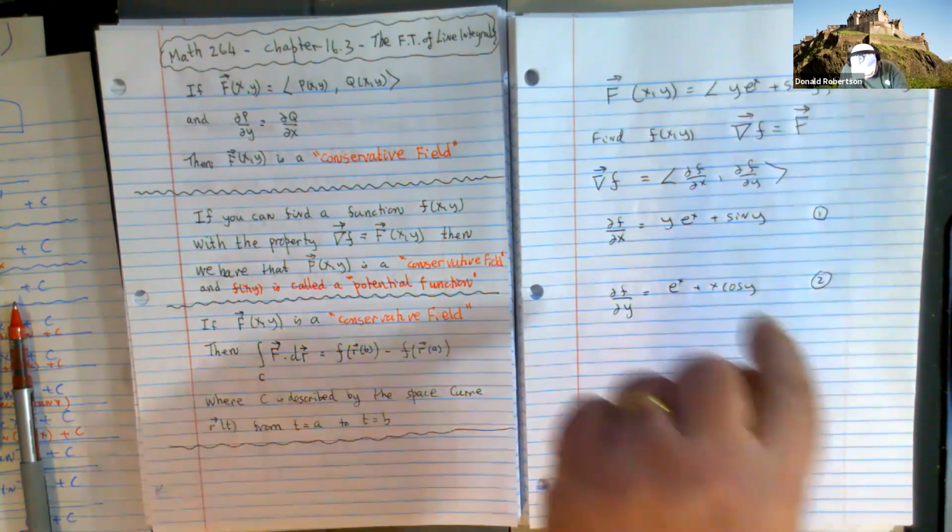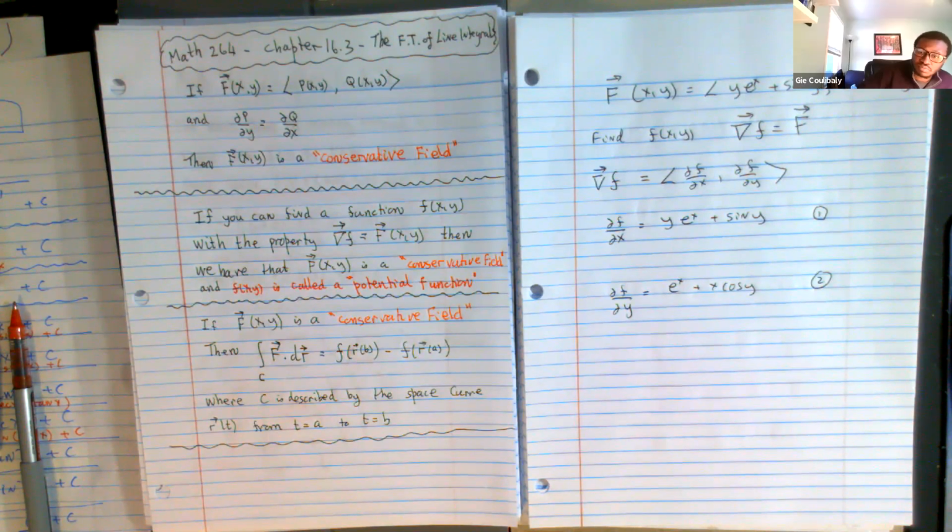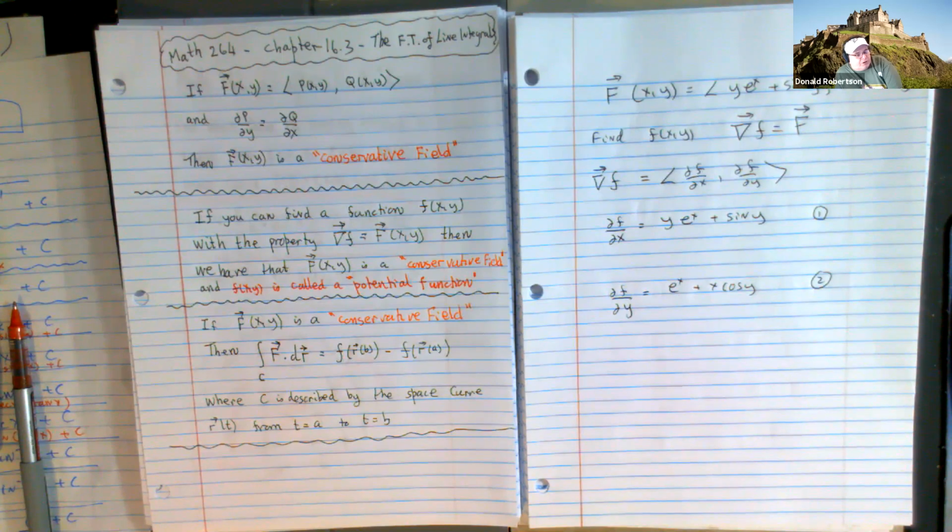Now, I know these are partial derivatives, but pretend for a minute they were just derivatives. If I said to you, dy by dx is x cubed, how would you find y? What process would you do if I tell you what dy by dx is?